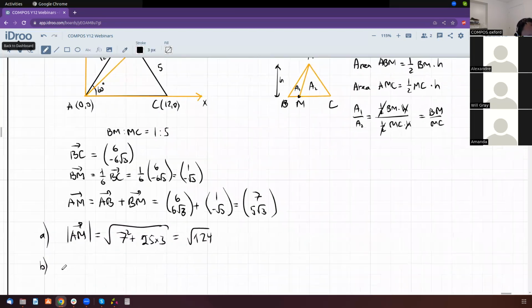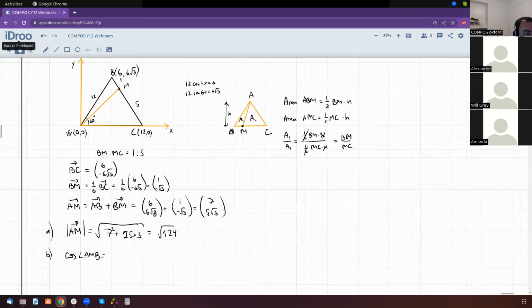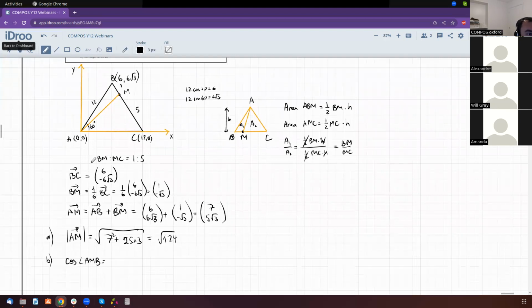Well, we need the angle. So cos of angle AMB is MB multiplied by MA, divided by modulus MB times modulus MA.